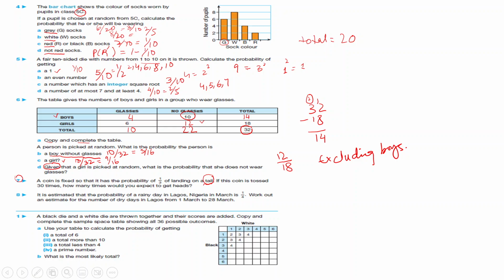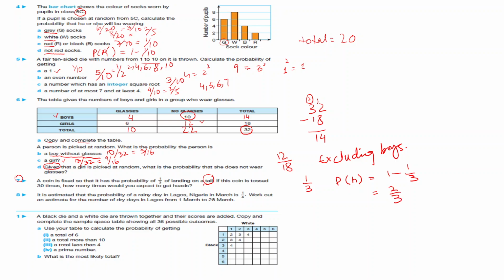Okay, so if the probability of tail is 1 over 3, right? So the probability of head would be 1 minus 1 over 3, because probability of head is not probability of tail. So in other words, you can call this 2 by 3, right?